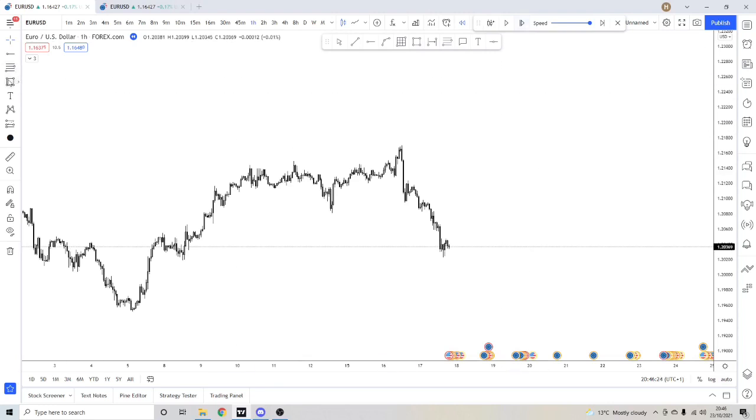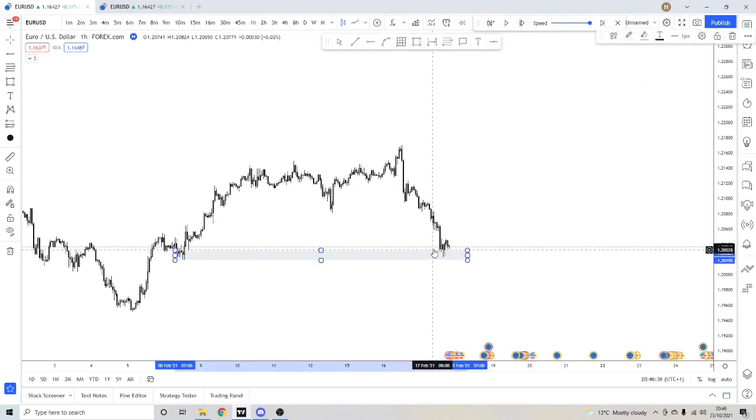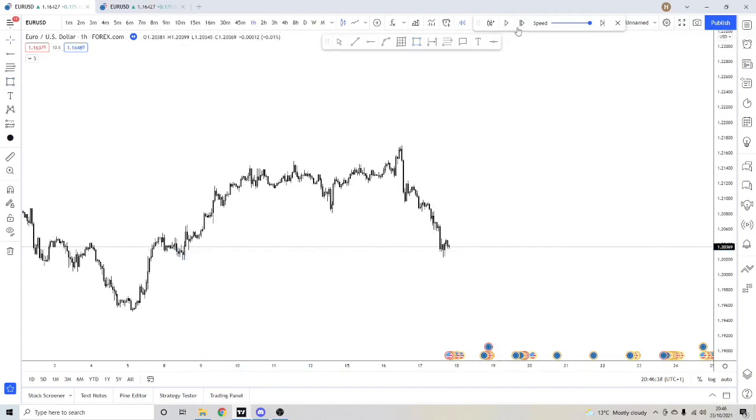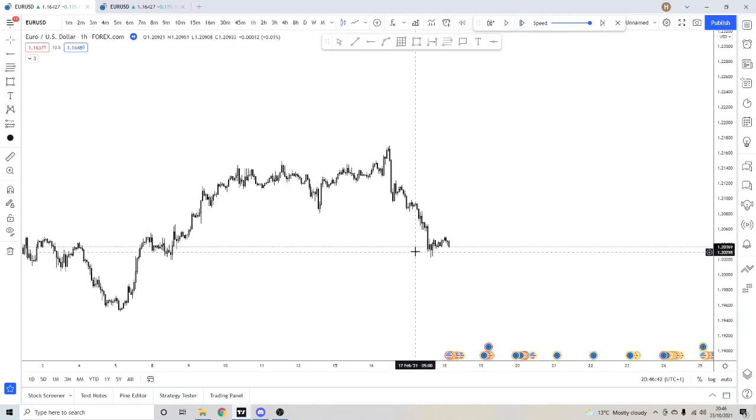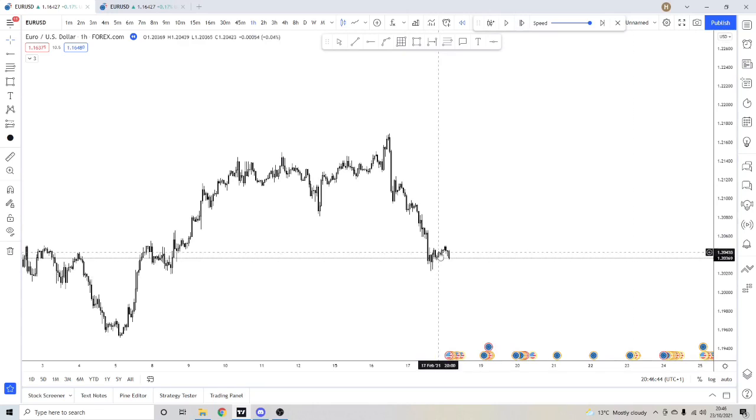Now, first of all, we can understand that price has come back into this refined range down here, which is left unmitigated, and now we get this change of character back bullish.